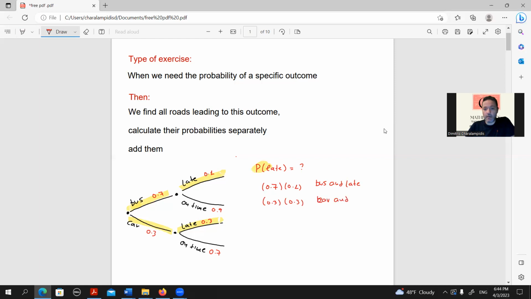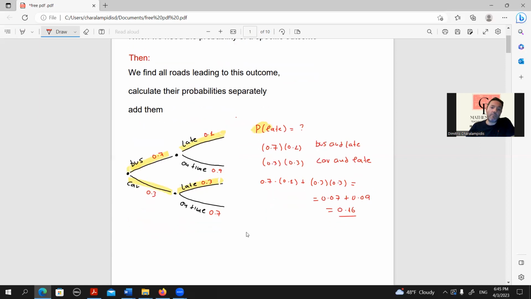That's step number two. And now we need to add them. So overall, the probability of being late would be 0.7 times 0.1 plus 0.3 times 0.3. That is 0.07 plus 0.09, which is equal to 0.16.